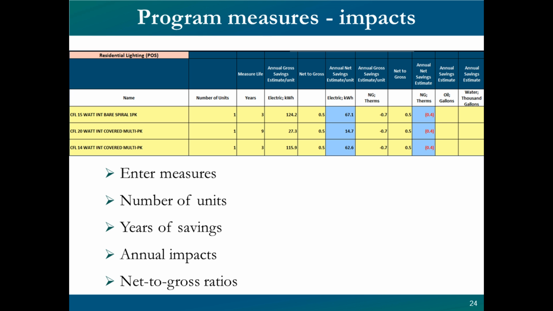And you'll see 15 watt, 20 watt CFLs, and then there are other measures which are defined as both what kind of light bulb are you replacing and what kind of new efficient light bulb is being installed. You can also use this to define a typical household, for example, and that might say that a typical residential household would have 3 15 watt CFLs and 4 20 watt CFLs, and then build up a program, say, at the home level.